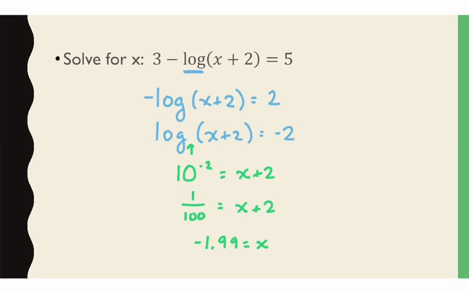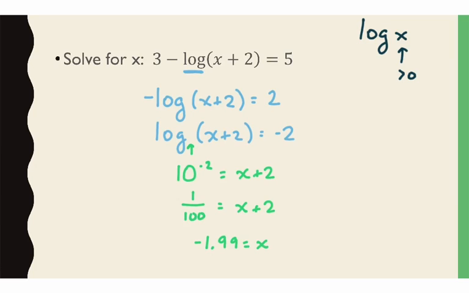Now you might be saying, but wait a minute, we can't take logs of negatives. So one thing we need to always remember about log equations, because log is limited, right? This log expression has parameters on it. That x has to be greater than 0. So I need to make sure that the answer I just found doesn't make me do something illegal.